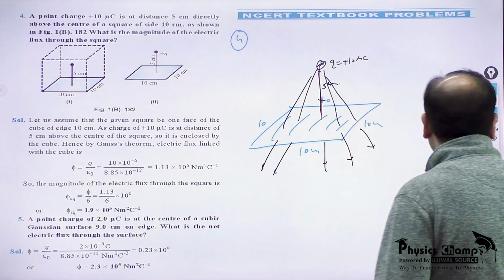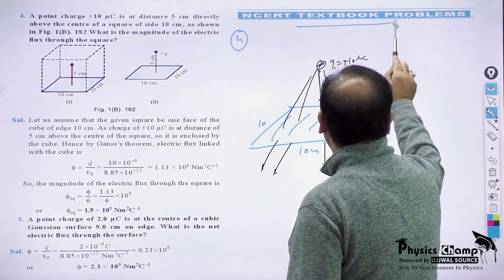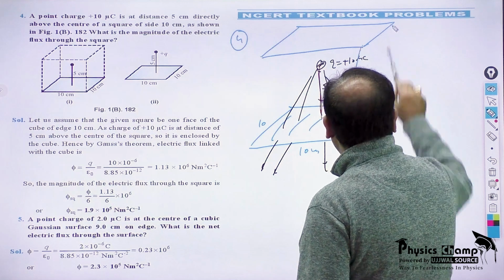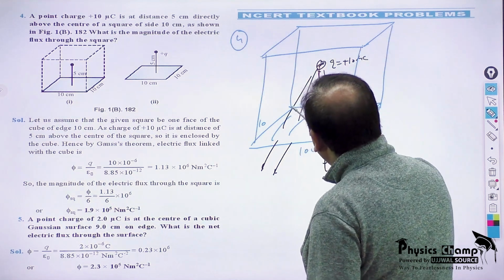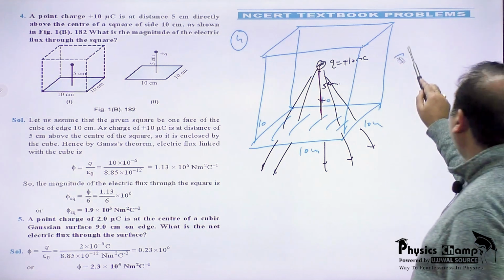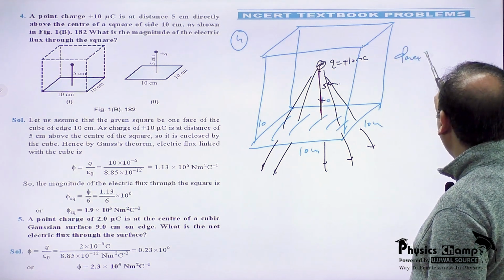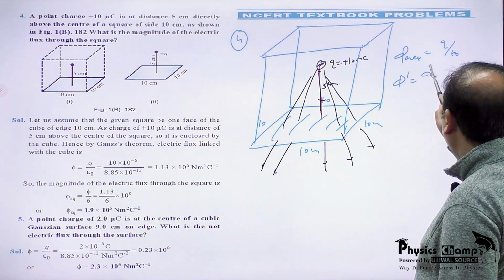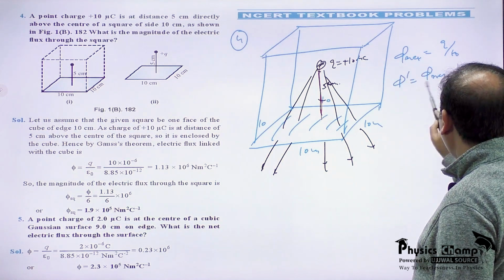So what I will do is, I will assume a cubical arrangement where I will go for symmetry. And I will say net flux is Q by epsilon naught, and through one face the flux is net flux by 6.